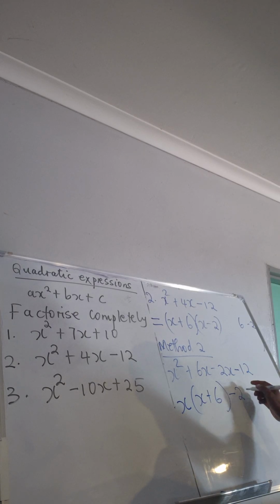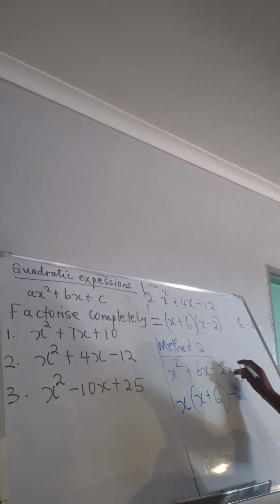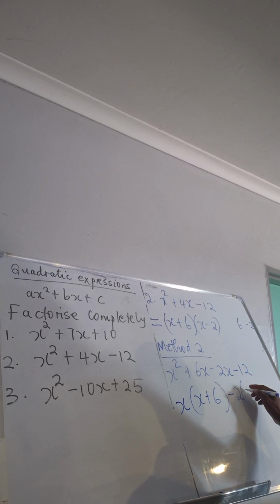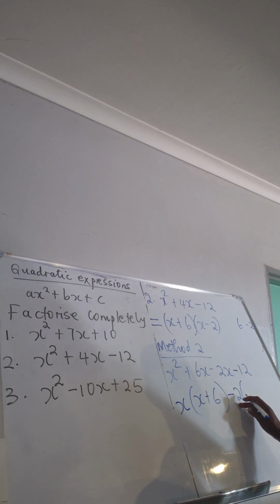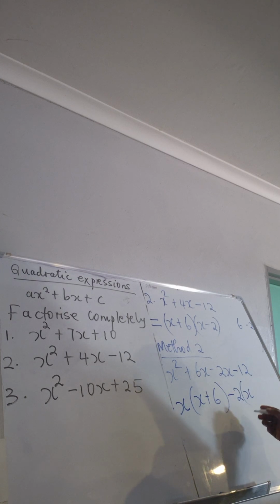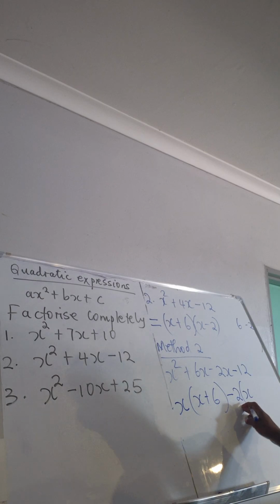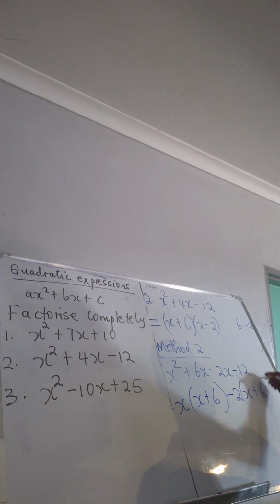You will get 2 as a common factor. Then minus 2x divided by minus 2, you get x. Then here you have minus 12 divided by minus 2, you get plus 6.